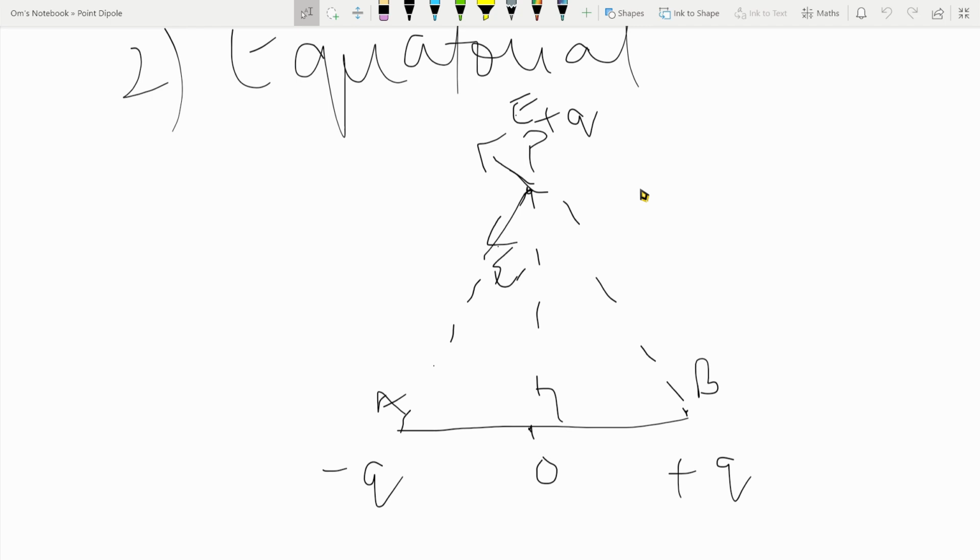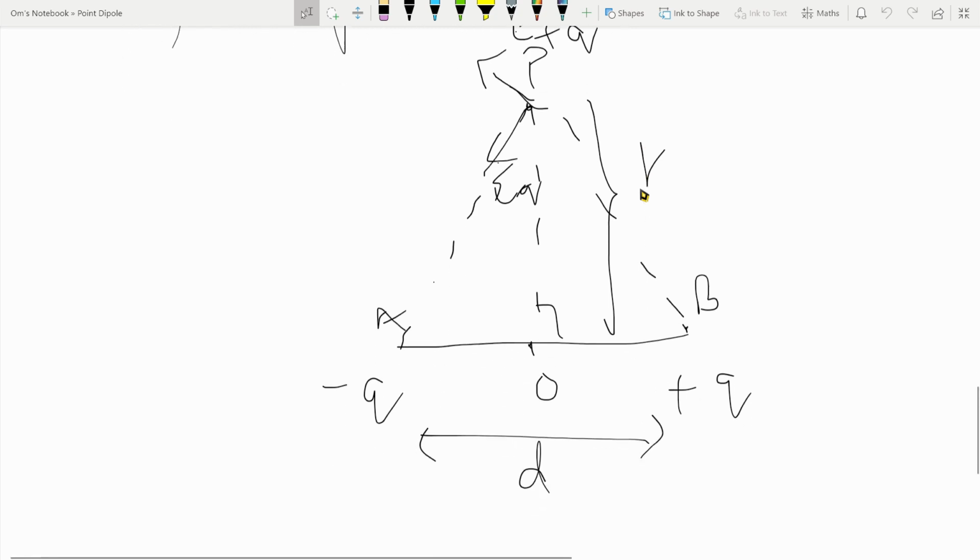And of course, suppose this distance over here is R. Right, so that out of the way, and of course the length of the dipole over here is also d. So with that out of the way, we'll try to find the vector sum of these two vector fields.